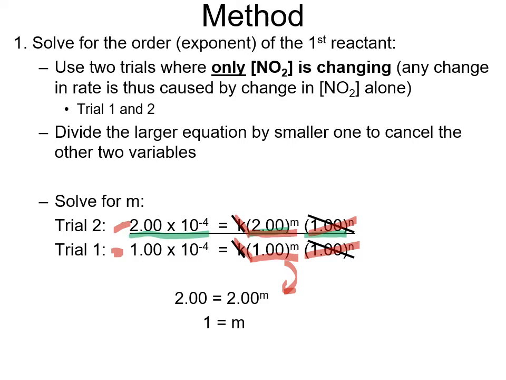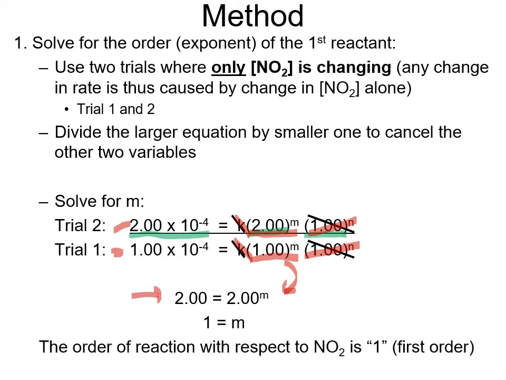Once you get to this point, you can very quickly know what the exponent is. So the order of reaction with respect to NO2, which is to say the exponent for NO2 in the rate law, is 1, m equals 1. And therefore it's first order with respect to NO2.